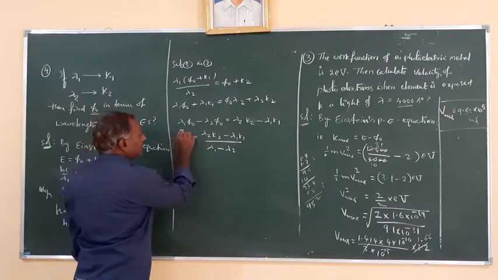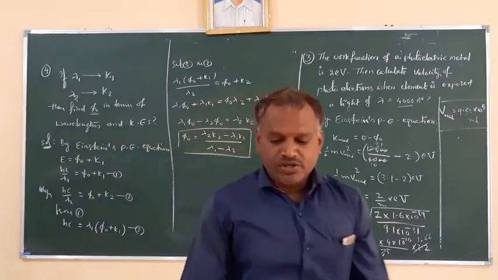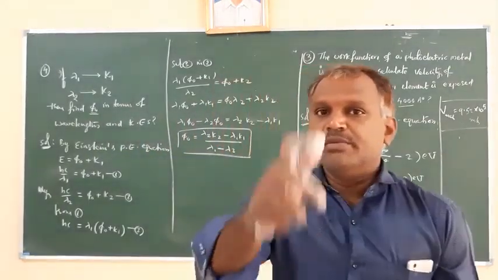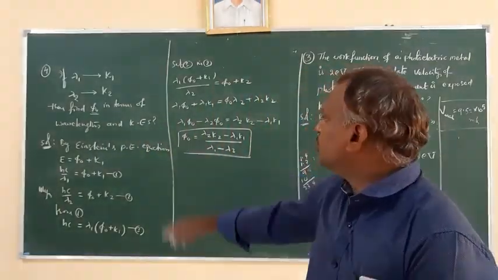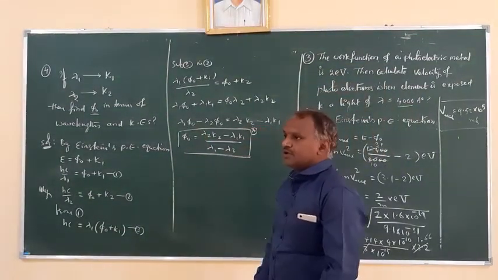So this is the equation for the work function. You get it just by eliminating the hc value using the two equations. So this is the required equation, right?